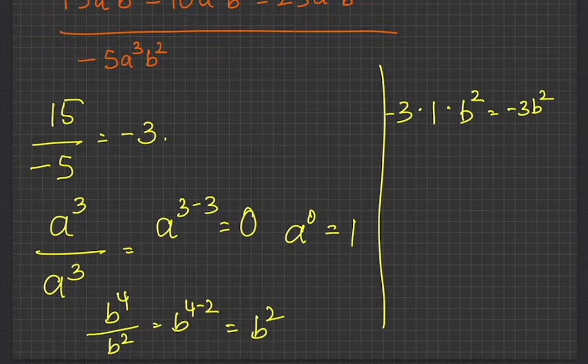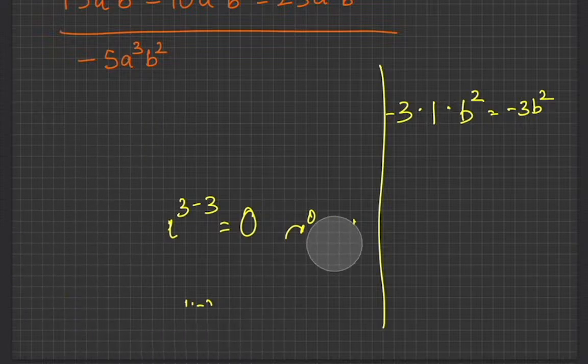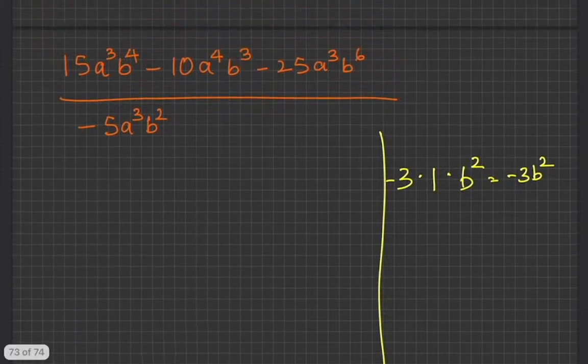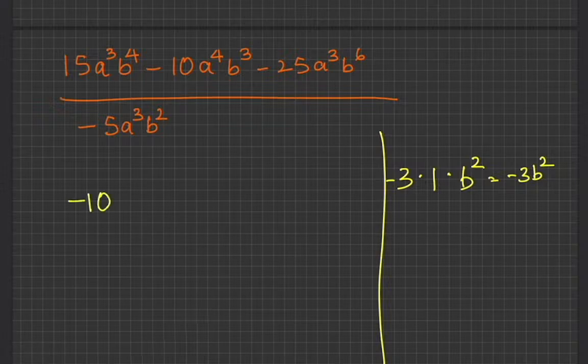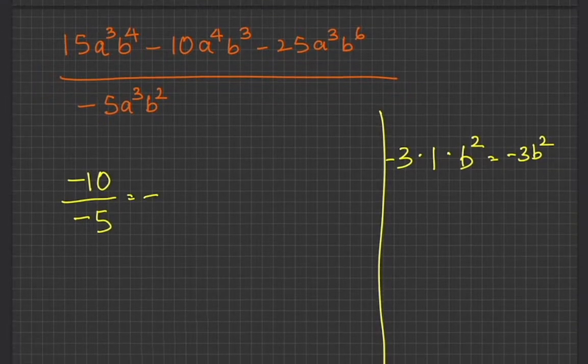Right? Let's go to the next term. I have negative 10 divided by negative 5, so for this, I have to have positive 2.